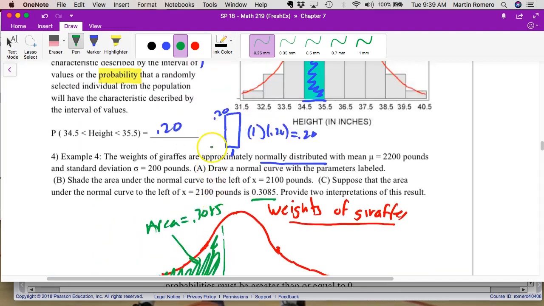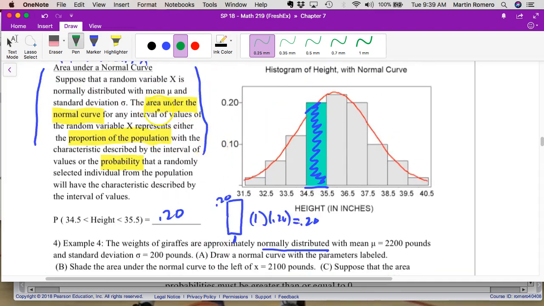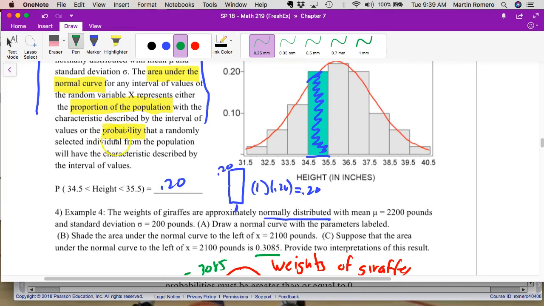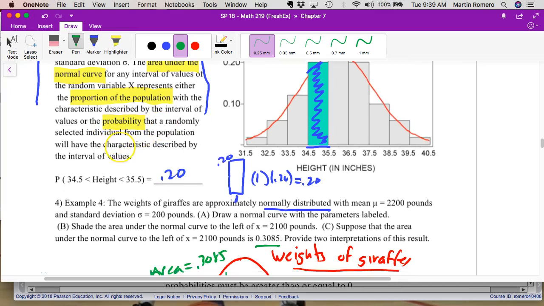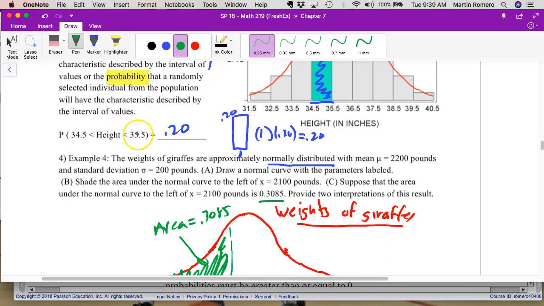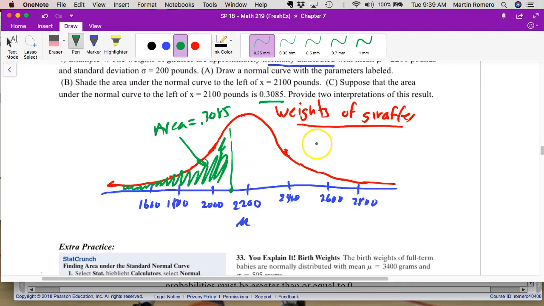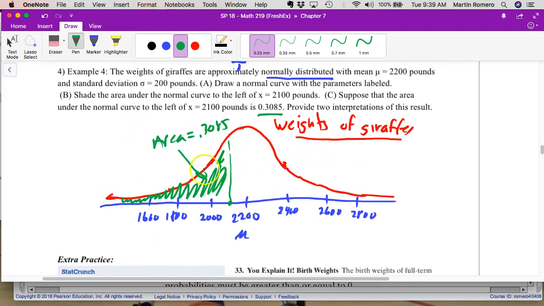Let's go back to this right here. The area under the normal curve represents either the proportion of the population with that characteristic or the probability that a randomly selected individual from the population will have this characteristic. So what does 0.3085 mean? What's my interpretation?